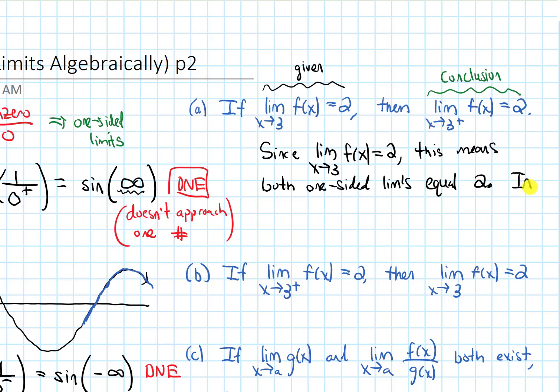So based off of what I now know, in particular, because both of the one-sided limits equal 2, this implies that the limit as x approaches 3, my mistake there, from the right of my function equals 2. So our conclusion holds, and that makes this statement true. Maybe let me put true at the front here.